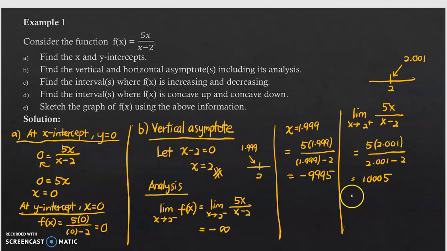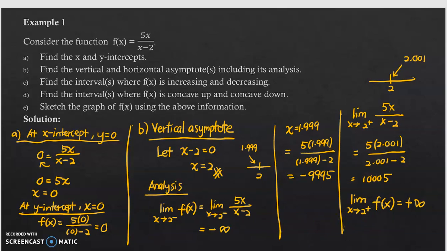So I can assume that the limit when x approaches 2 from the right hand side for f(x) is positive infinity. So this is the vertical asymptote and the analysis. One approaches negative infinity, another one approaches positive infinity.